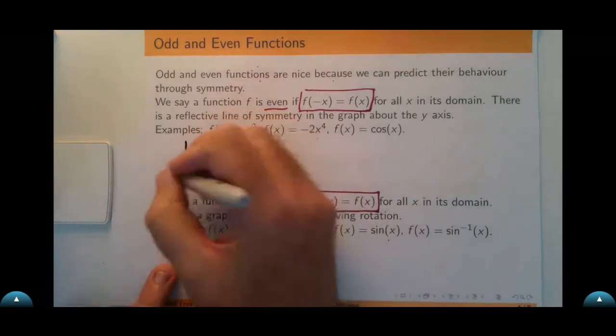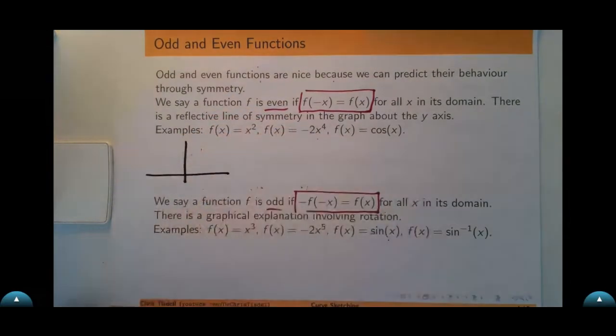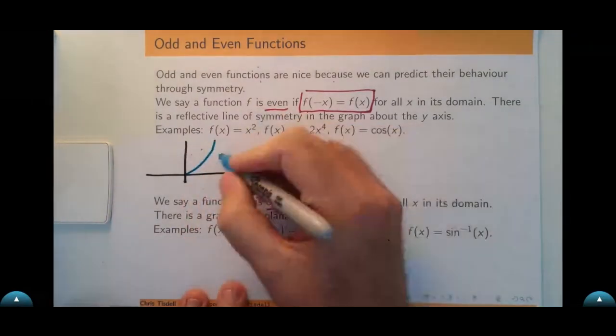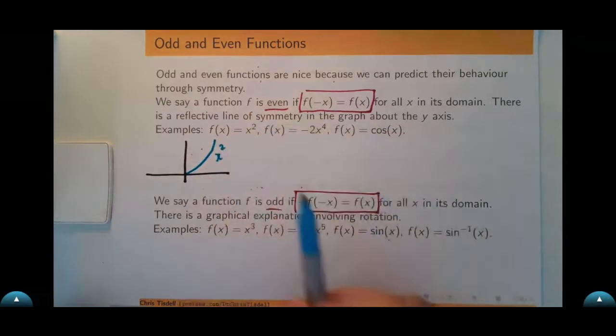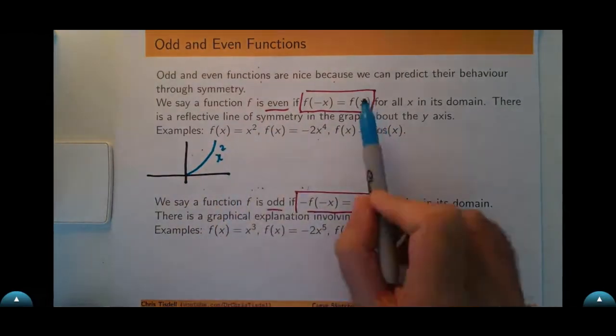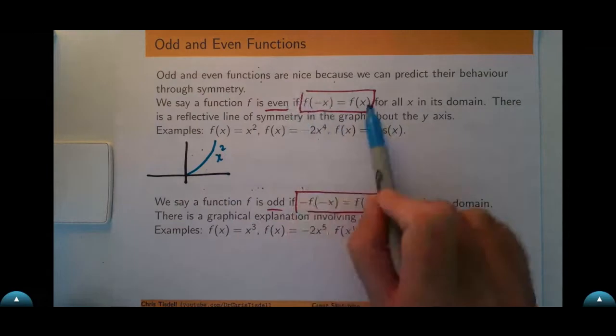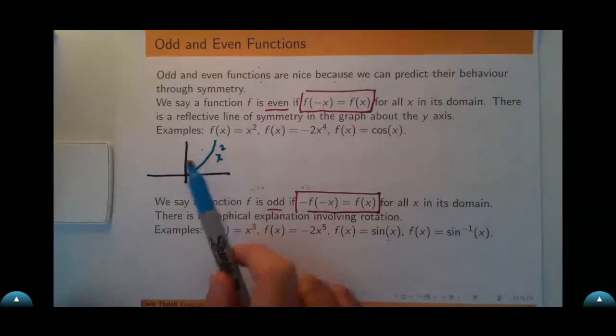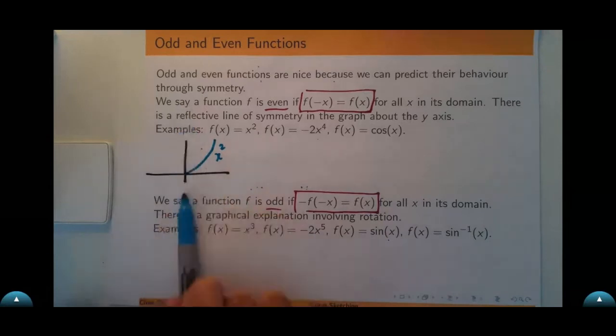So let's have a look at x squared. It's a really simple graph. I'm going to draw half the graph. What this algebraic condition says is that you can take all these points and reflect them in the y-axis.